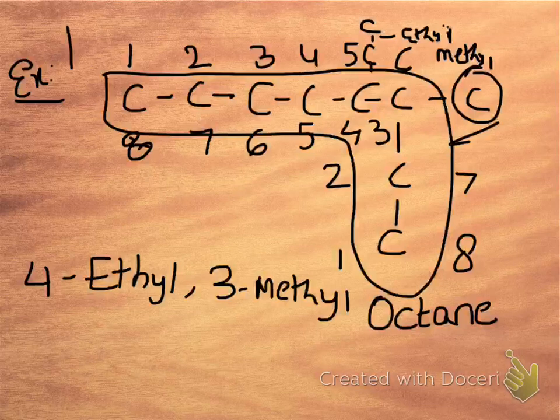Before going to our next example, let's go through the numbering in IUPAC nomenclature. Numbering means how the name will come for each number, up to 12 you will learn.